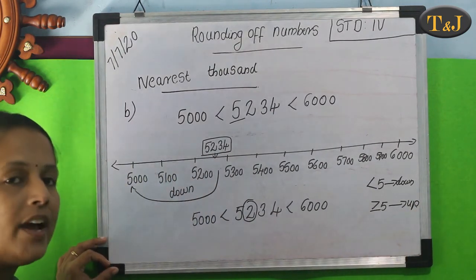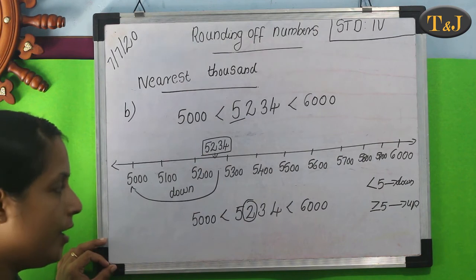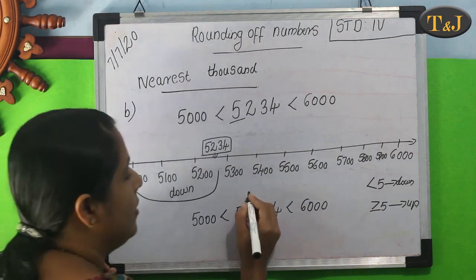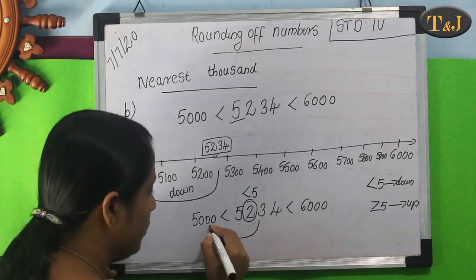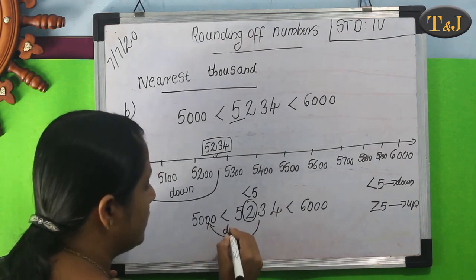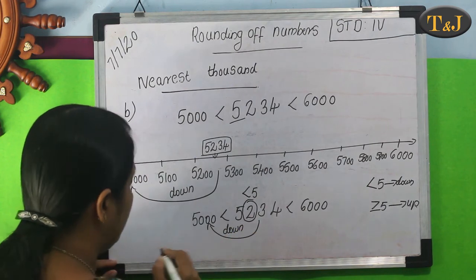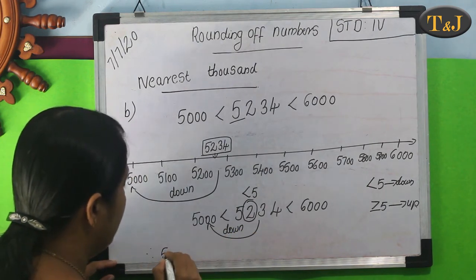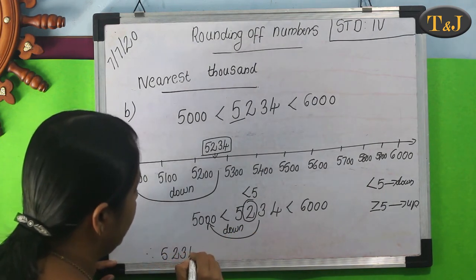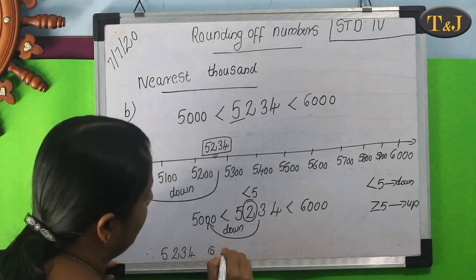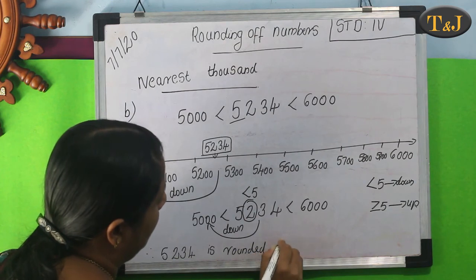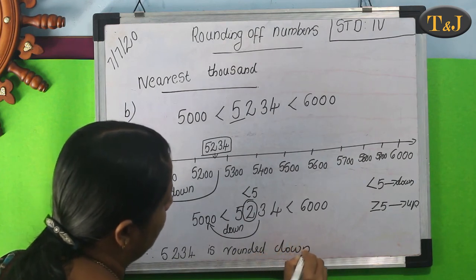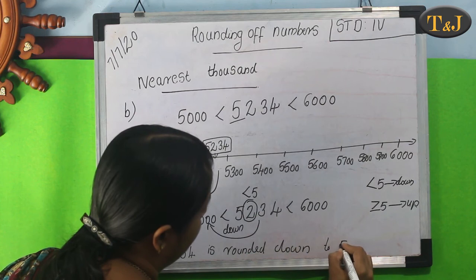Is it less than 5 or greater than or equal to 5? Yes, it is less than 5. So it is rounded down to 5000. Therefore we write 5234 is rounded down to 5000.